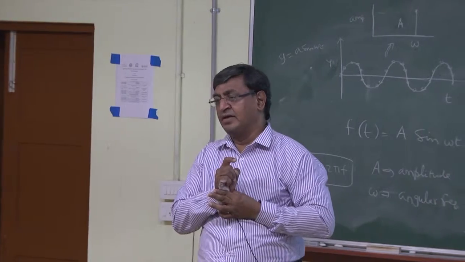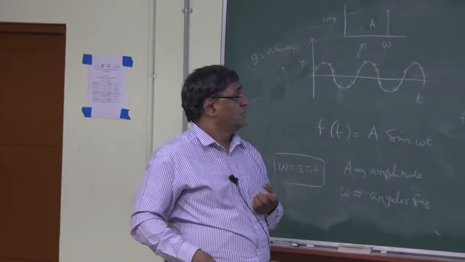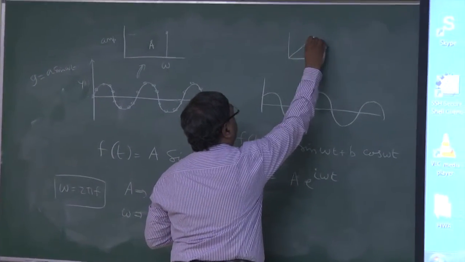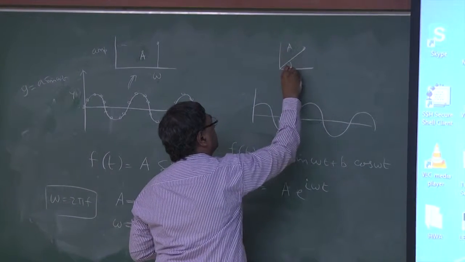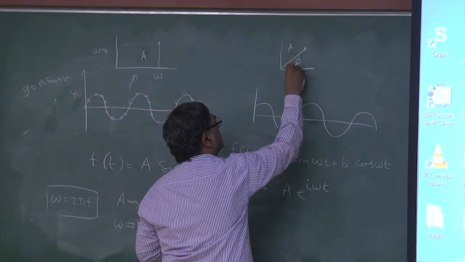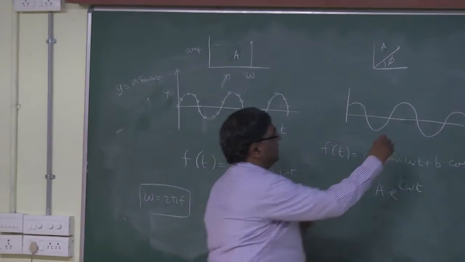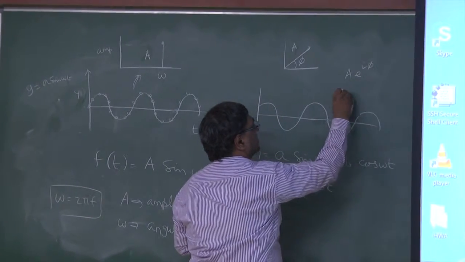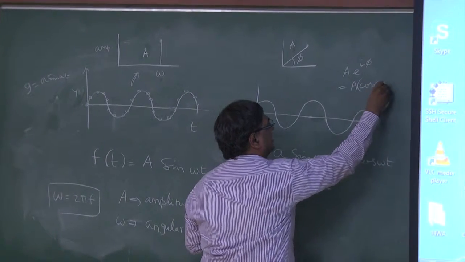That you can represent as a complex number where, for example, the magnitude A is plotted here and the phase angle comes here. So, for example, A e power i phi represents the quantity A cos phi plus i sin phi.